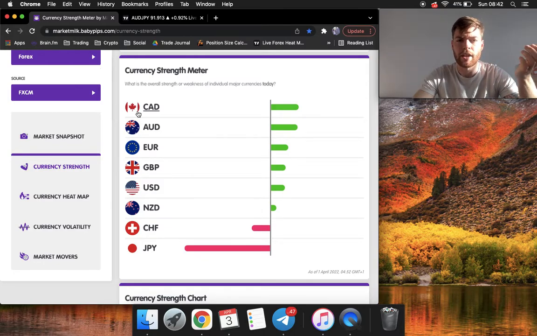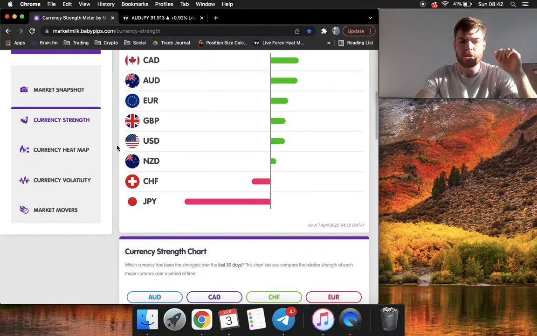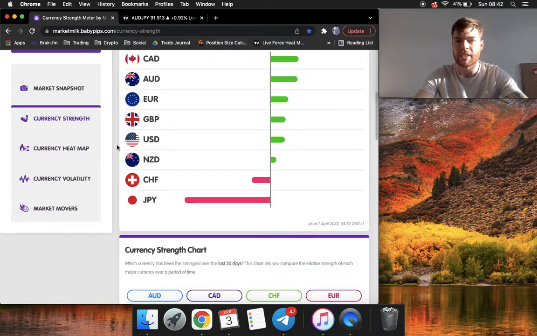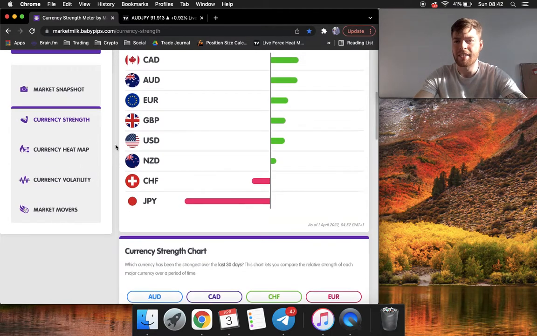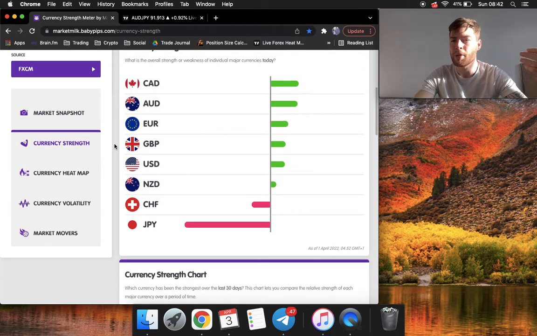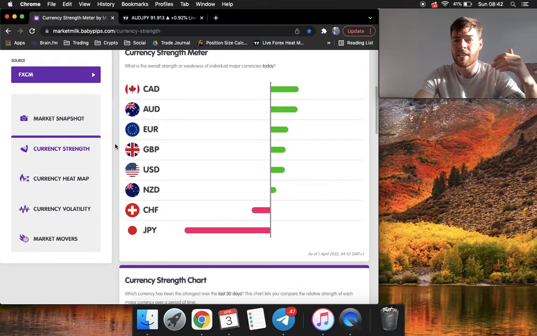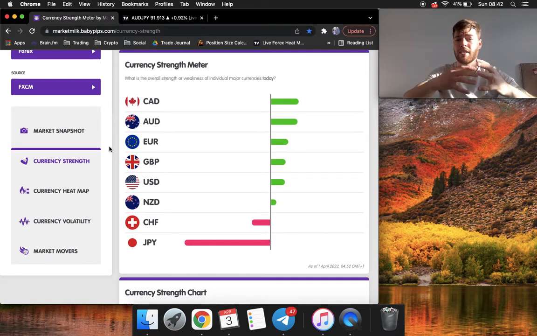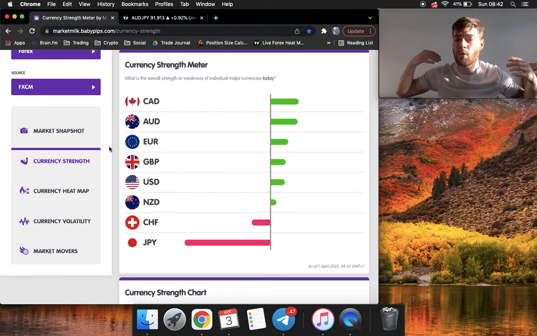The reason I like to use this is because it gives you a brief overview of which is strongest at this time, per day. You can change it to per hour, but I like to leave it on the day, as this gives us an overall broad view of the markets on that current day.